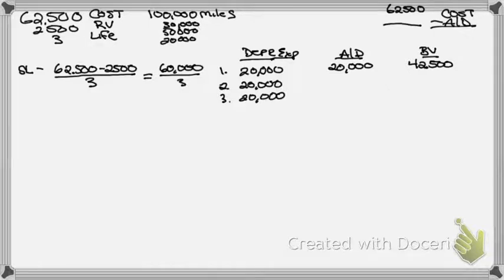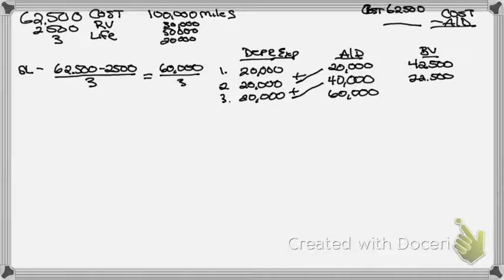So to calculate accumulated depreciation, you take year 1 and you add it to year 2, and you get 40,000. You take cost minus accumulated depreciation to get book value, and you get 22.5.